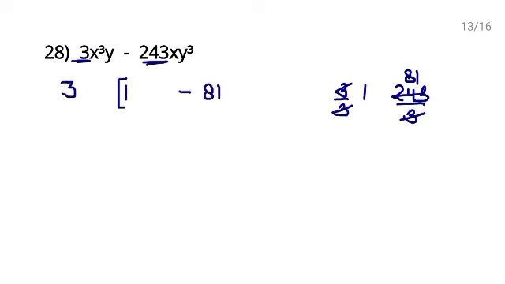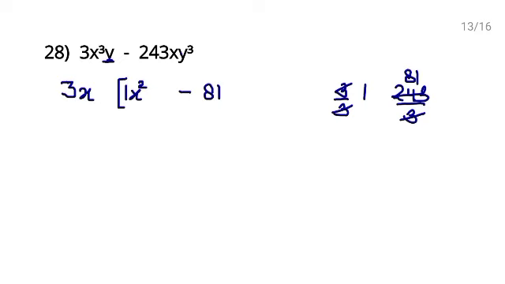Clear? We can also take x common because x is in both the terms. So from the first term there is x raised to the power 3. If you take x, it means x raised to the power 1 common. अगर power 3 में से power 1 common ले लिया, so we will be left with power 2. Here there was only x which we have taken common, so no need to write.